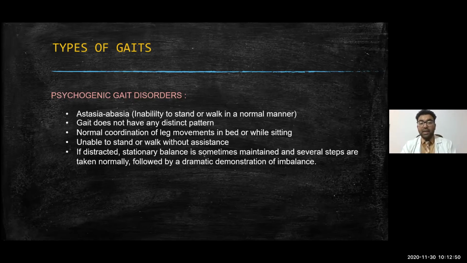The gait does not have any distinct pattern, so you cannot put the patient into any category. There will be normal coordination of leg movements in bed or while sitting.